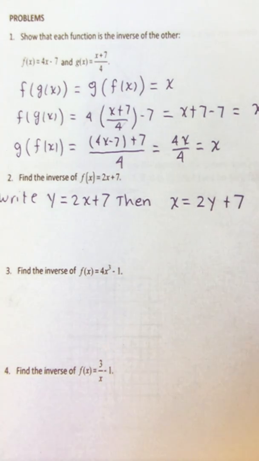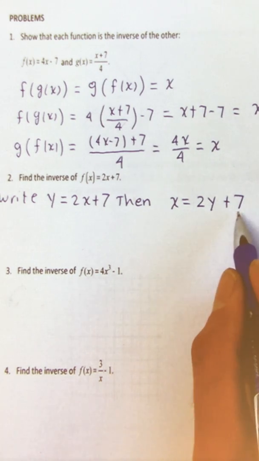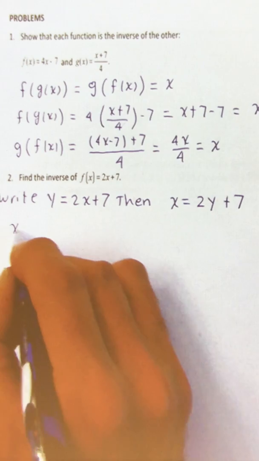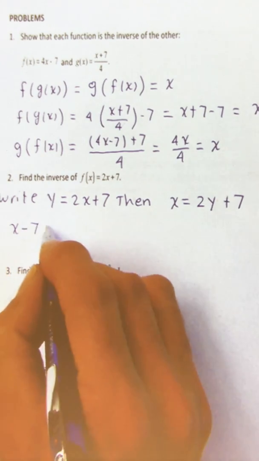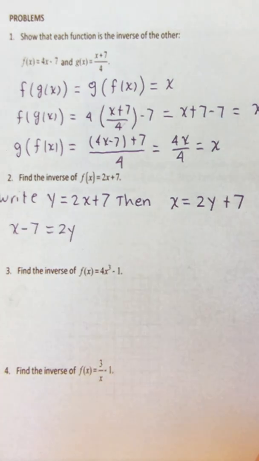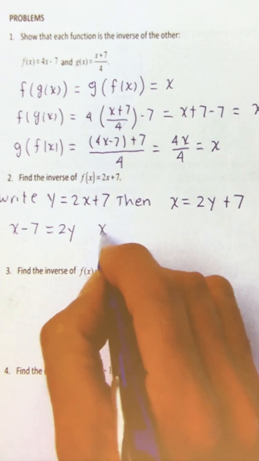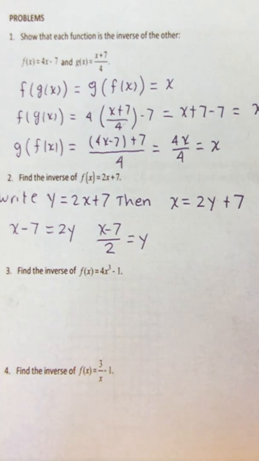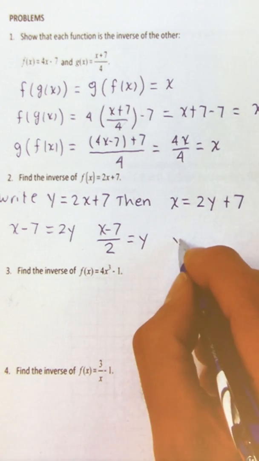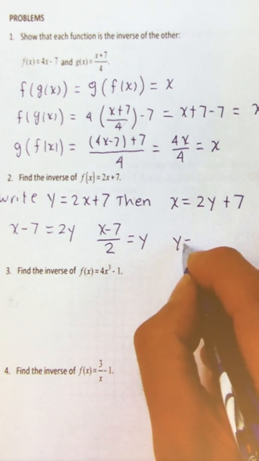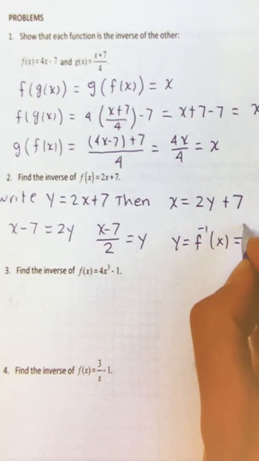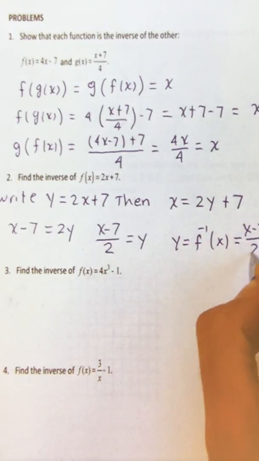So now solve this equation for y, and that will give us x minus 7 is equal to 2y, and then dividing both sides by 2, x minus 7 over 2 is equal to y. This new function called y is the f inverse function of x minus 7 over 2.